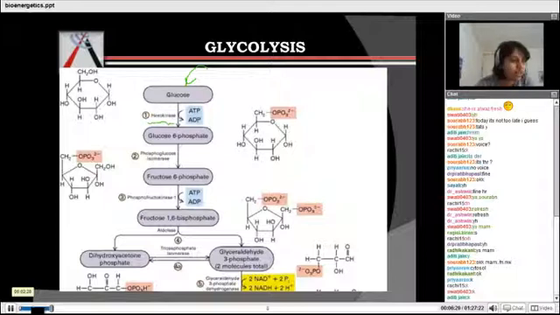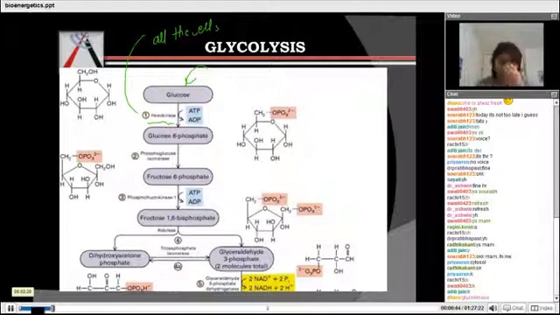This enzyme, hexokinase, is used in all the cells. But in liver, we have a special enzyme, an isoenzyme, as we used the word in the last class, that is called glucokinase.